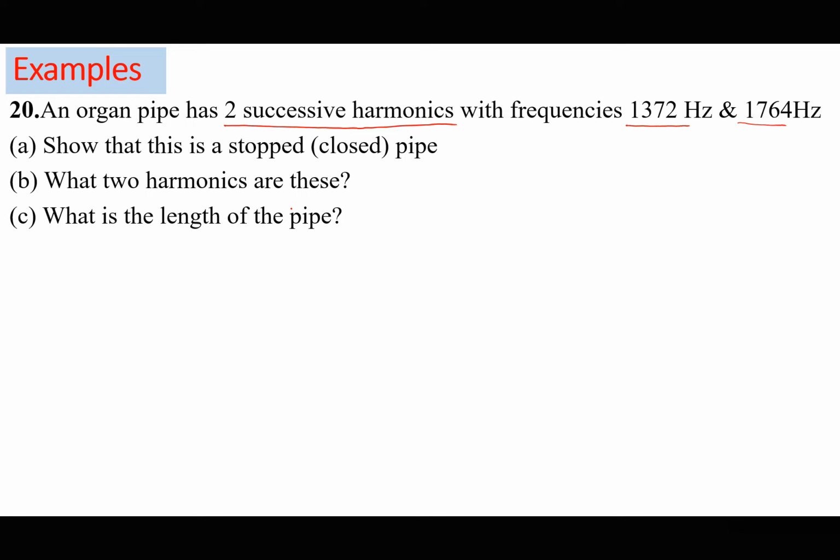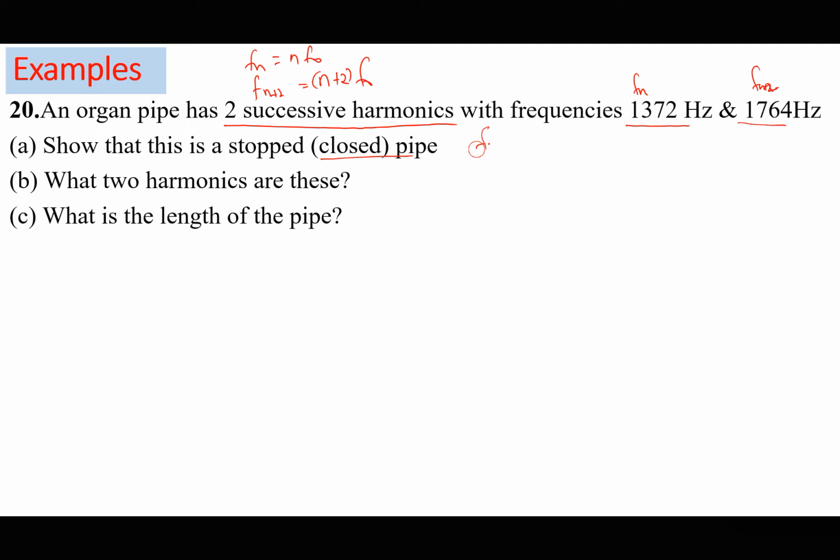So if it is a closed pipe, the values of n are going to be only odd numbers. Remember, for closed pipes, n differs by 2. If the first one is fn equaling n times f naught for a closed pipe, the next one is going to be fn plus 2 equaling n plus 2 times f naught. So I'll call this one fn, and I'll call this one fn plus 2. So I'm trying to find the fundamental of this, so I'm going to just subtract.